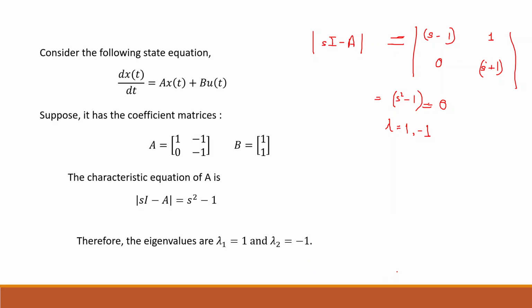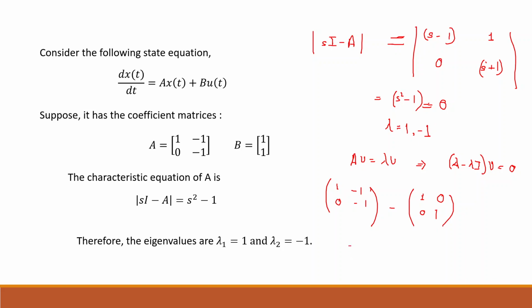Now we need to find the eigenvectors. How to find eigenvectors? Av equals lambda v. I can write this as (A minus lambda I)v equals 0, not the other way around, lambda I minus A. A is [1 0; -1 -1] minus lambda times I. First let's consider lambda equals 1, times the identity matrix [1 0; 0 1].